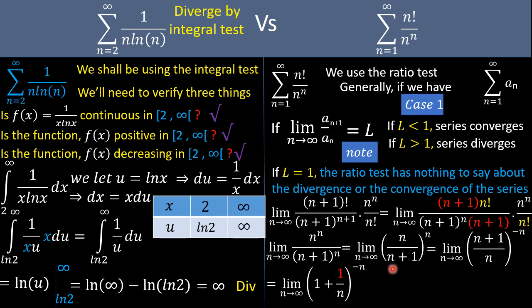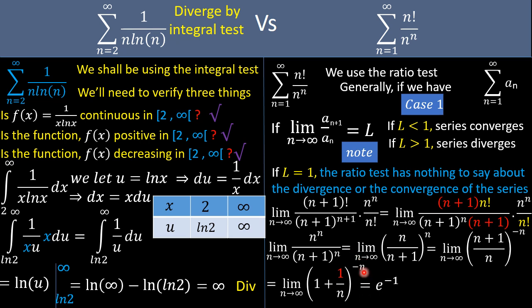This looks similar to what we know, right? In this case, our a is simply 1, the numerator over n, and our b is the coefficient of the power, which is negative 1.